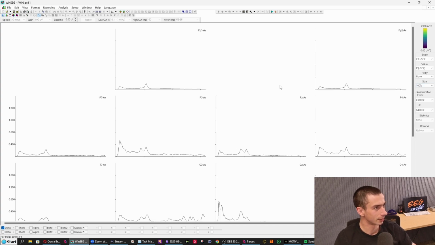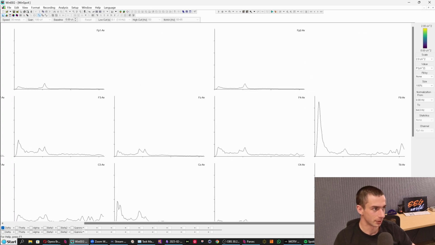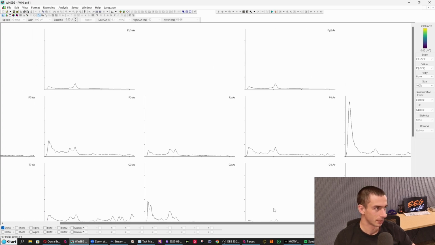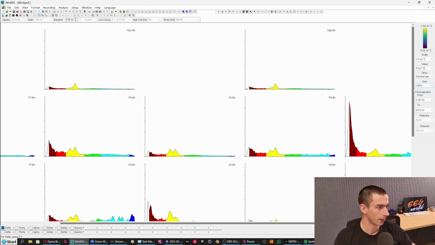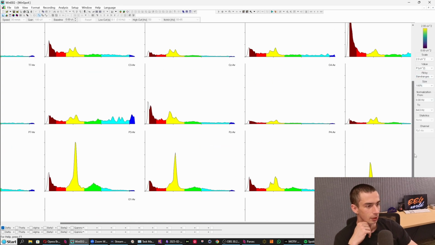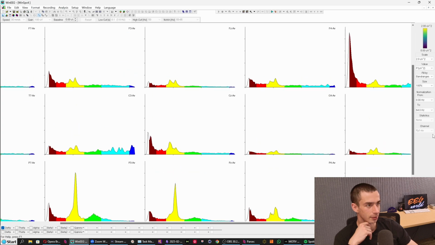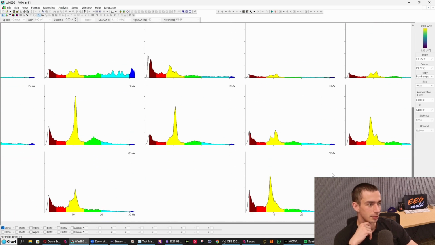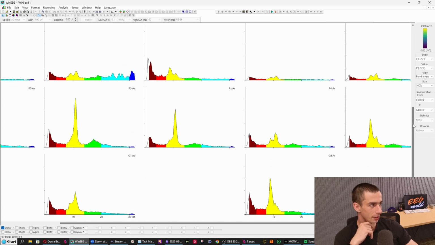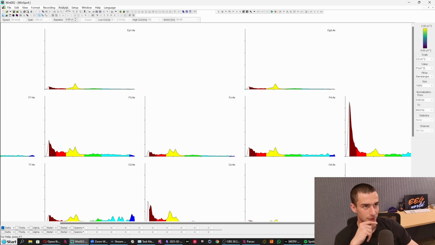Whatever, WinEEG. I don't know what you're doing to me. So here we now have a graphical display of what's going on. And here's the back of the head, and here's the left ear and the right ear, and here's the front of the head.